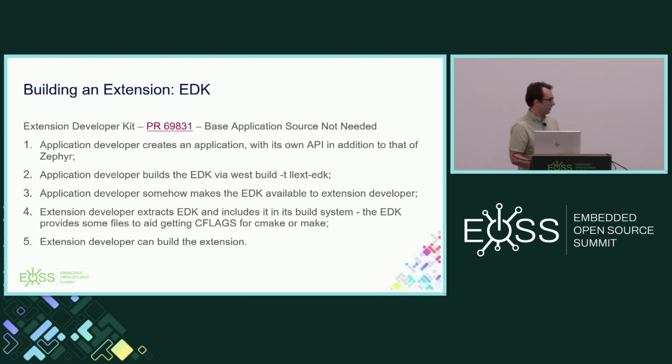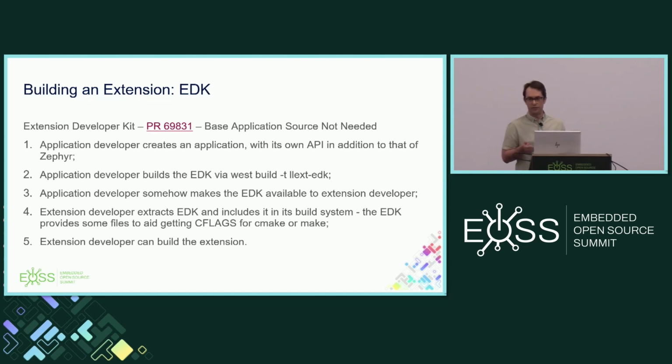I want to give one more, let's take this to the next level though, and talk about this great PR by Ederson, adding an EDK. So let's say we want to go a step further with our extensions. We don't want to just build them in the same tree as our application. We want to package up a little development kit based on our base firmware.